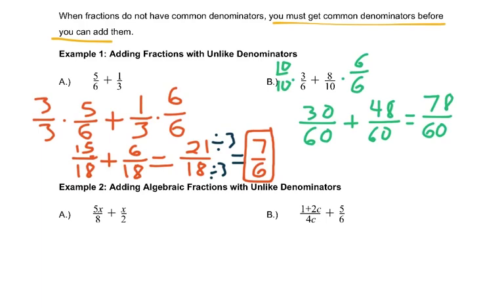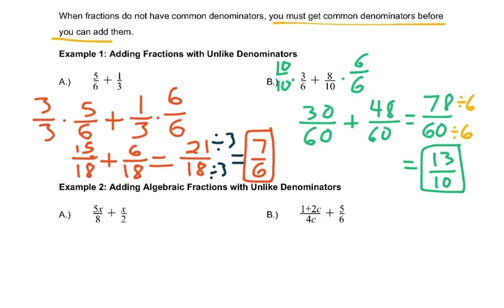So 4 doesn't work. 6 works. Let's try that. So if I divide by 6 on top and on bottom, then I get 78 divided by 6, I get 13. And 60 divided by 6, I get 10. And then 13 is prime, so no more factors. So 13 over 10.